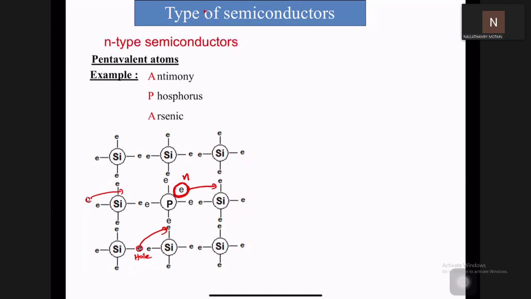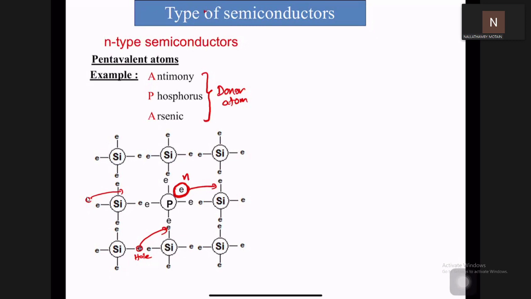Okay, N-type semiconductor. So these pentavalent atoms, what happened? The 5th electron is being donated. So we call it what? Donor atom. We call it a donor atom because it is donating the extra free electrons.